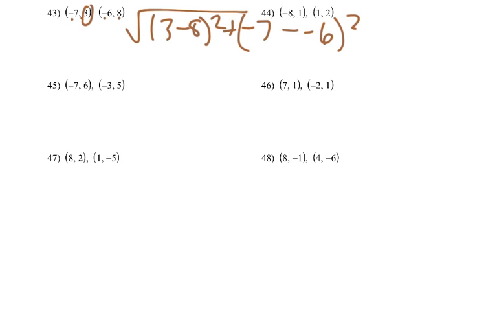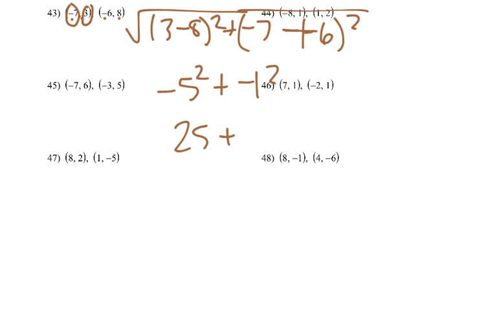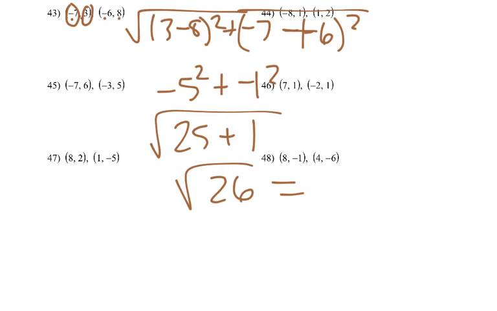Notice that if I choose this one first for y, I choose it also first for x. Okay, so that would be negative 5 squared plus negative 1 squared, so 25 plus 1, so it would be the square root of 26, which would be about 5.1. It's 5.099, but we'll just call that 5.1.